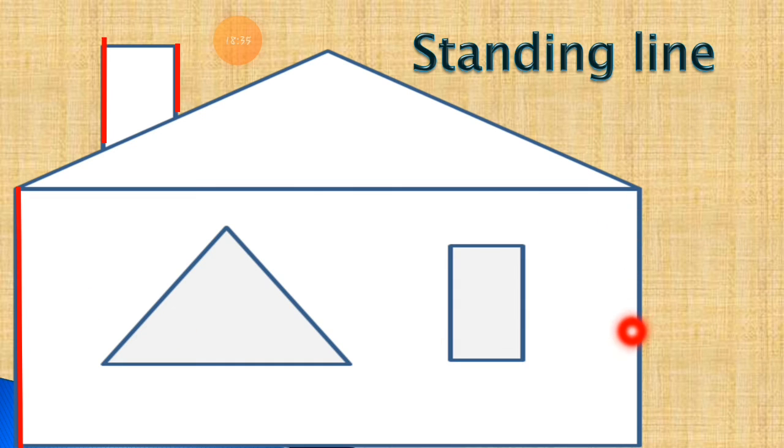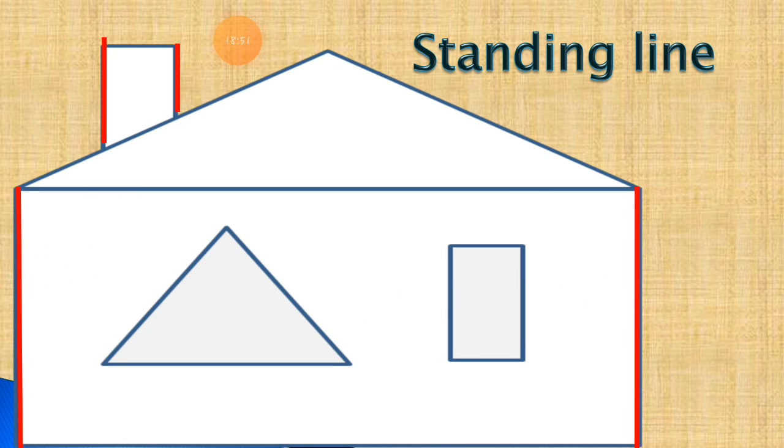This one is another standing line, the standing line number 4. We find 4 standing lines: here is 1, here is 2, here is 3 and 4.